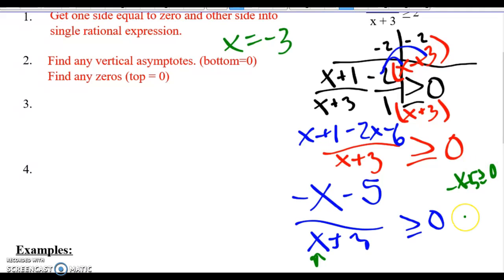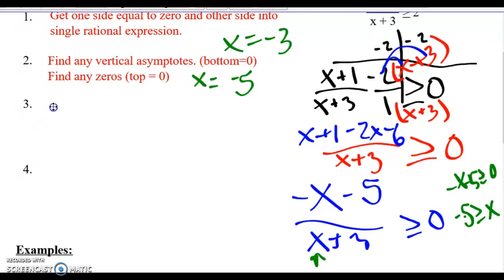I'm going to bring the negative x over by adding it so I don't have to flip signs. But then I've got negative 5 greater than or equal to x. Alright, so I've got a 0 at negative 5.